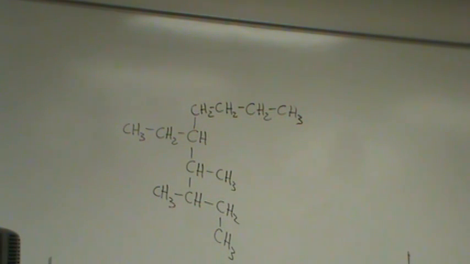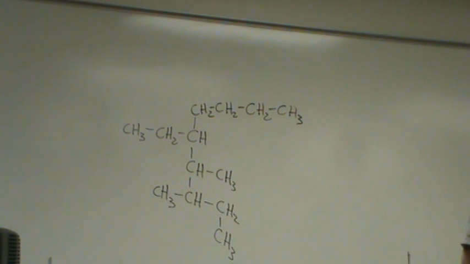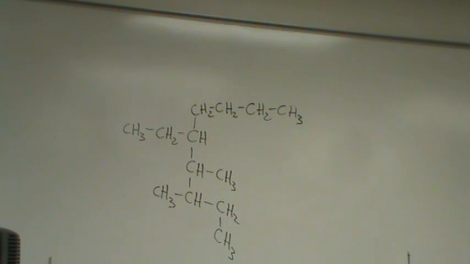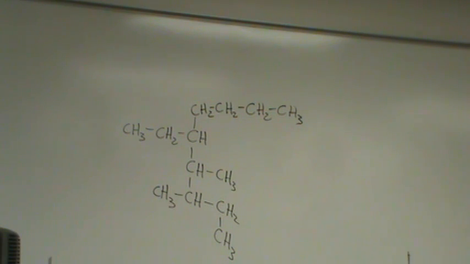Okay, so by now you should have the name of the parent chain. What's that? Nonane, 9 carbons. Now just put your groups in alphabetical order. You're going to have 2 different groups this time. Your different groups this time are what? Methyl and ethyl. So ethyl will come before methyl.